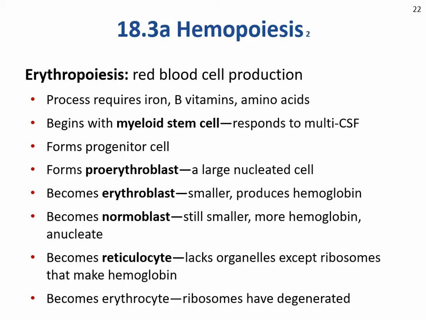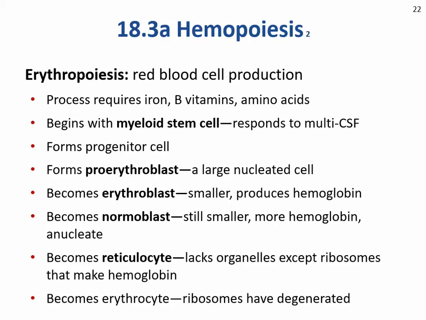We know how active we are at making red blood cells by counting the number of reticulocytes. If there's an abnormally large number of them, that means that you are actively making red blood cells. If there's not enough, like if there's lower than expected, then you're not actively making it.